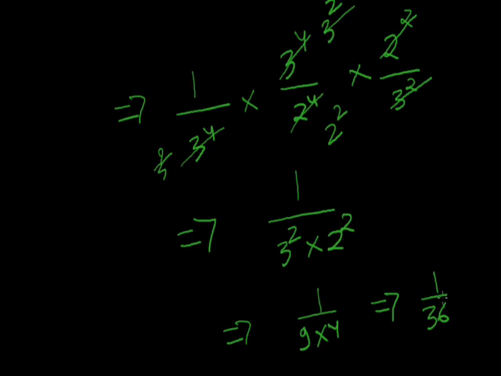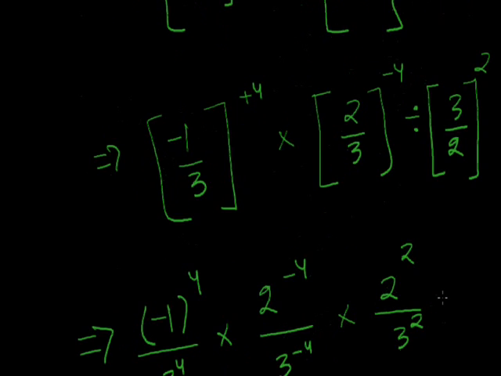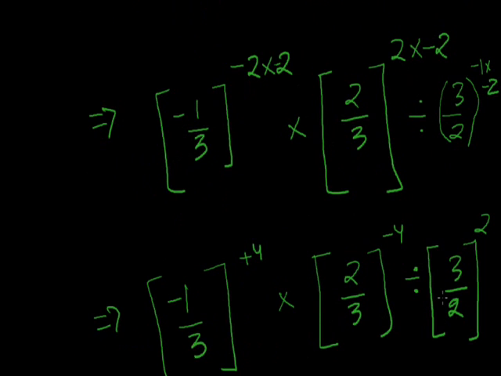Now we'll again check this question. Minus 1 upon 3 whole raised to the power minus 2 multiplied with minus 2 gives you the answer as minus 1 whole raised to the power plus 4. In the second term, 2 divided by 3 whole raised to the power 2 multiplied with minus 2 gives you the answer as minus 4. Similarly, in the third term, 3 divided by 2 whole raised to the power 2 gives you the answer as 9 upon 4.